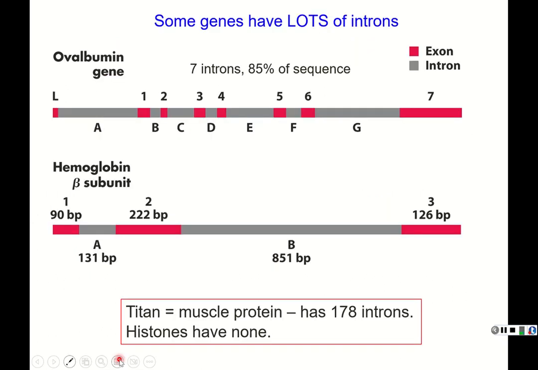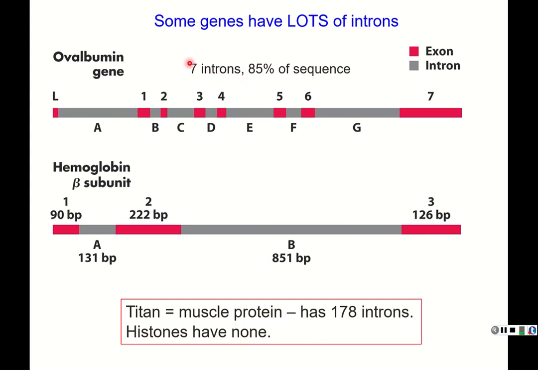And it's interesting how the number of introns in genes can vary widely. It's not like some consistent recipe. It's almost random in a way. In the two examples here, we have two genes, and the exons, the parts that would be turned into a protein product, are shown in red, and the introns are shown in gray.